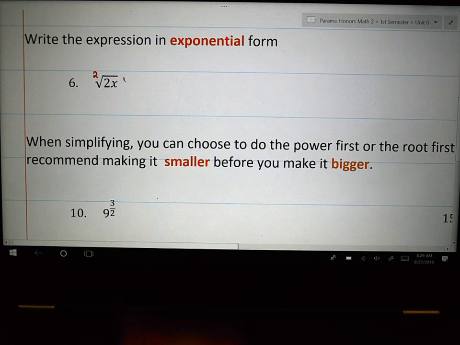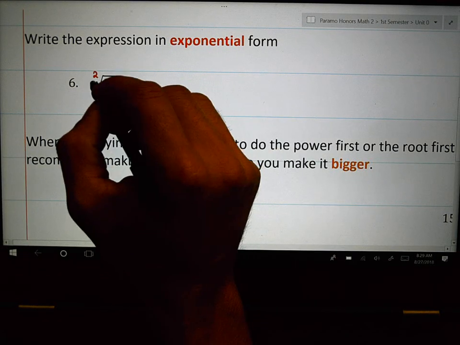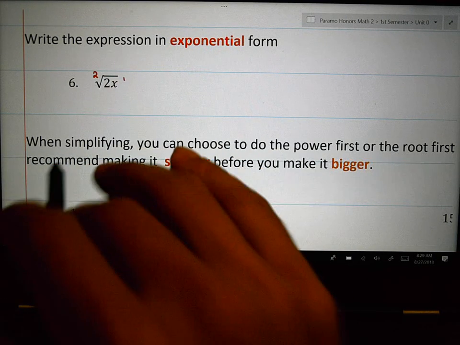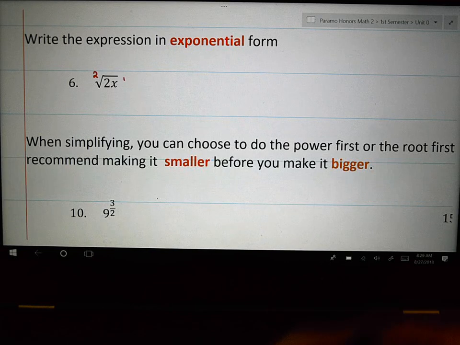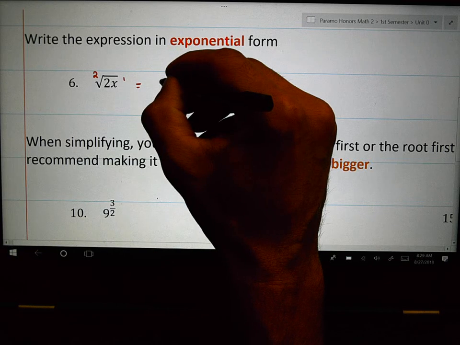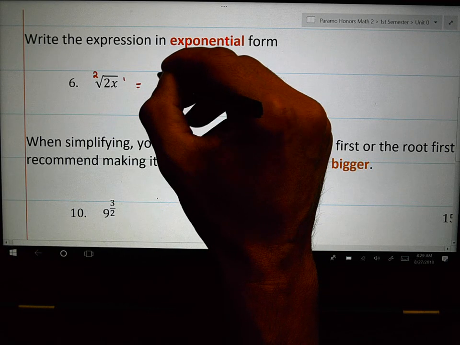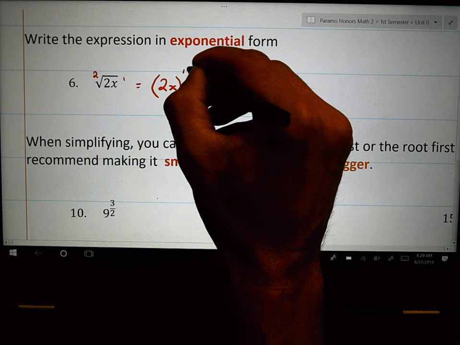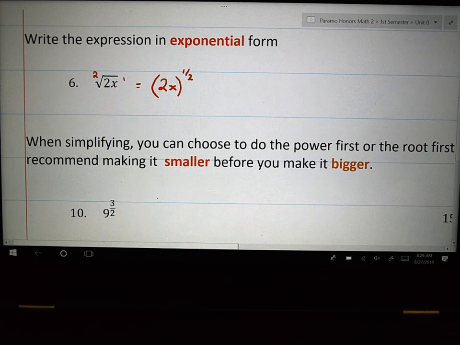We have one group of them. But you have to realize that the 2x is inside the radical, meaning the whole group is. So when I write this in exponential form, I have to remember that I have 2x being raised to the 1/2 power.